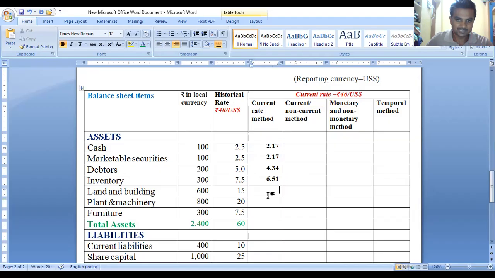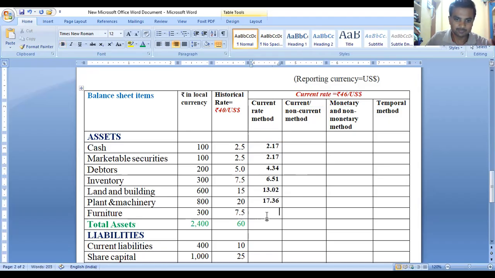Yes, in case of 600 rupees, we would get $13.02. So in case of plant and machineries, by selling 800 rupees, we would get $17.36.